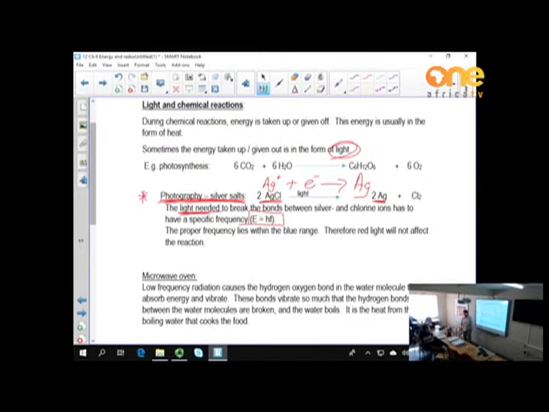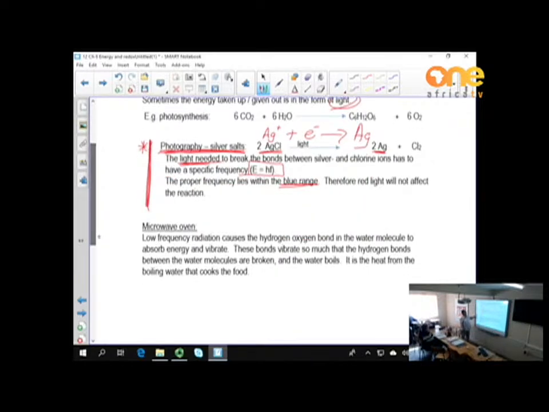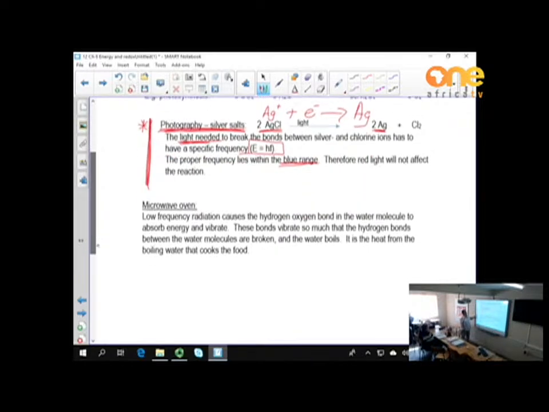But the others do: orange, yellow, green, blue, indigo, violet. So that is why they can use red lights, so that they can see what they are doing while they are developing the pictures. The proper frequency lies within the blue range. Therefore, red light will not affect this reaction. So silver salts need light to undergo a chemical change.